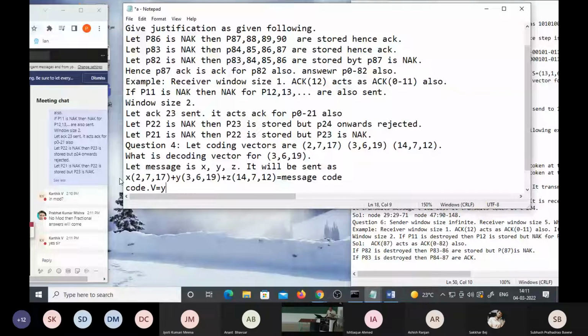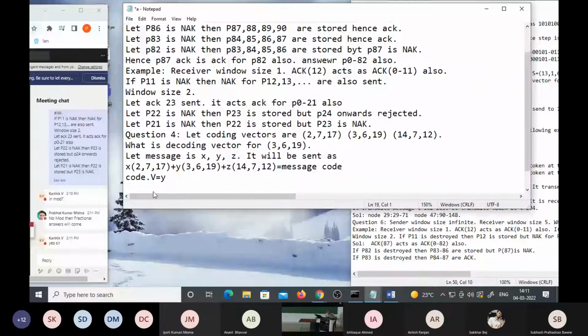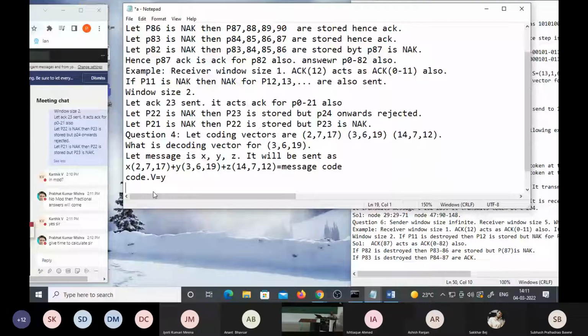Code into v equal to y. It is possible. Then it is possible.